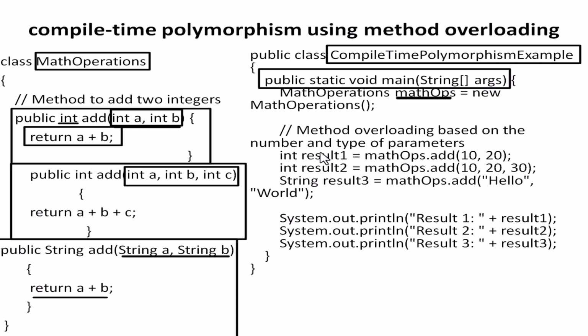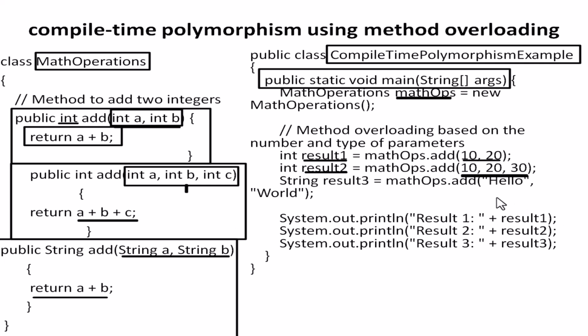Here we have created integer variables result1 and result2. If you pass two parameters, it will be redirected here, and it is going to return the result. If you pass three parameters, it goes to this particular function, which returns the result a plus b plus c.